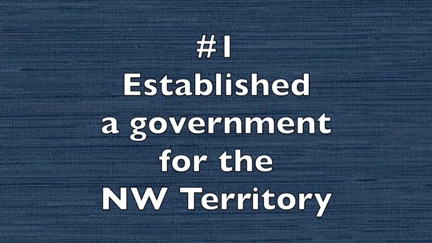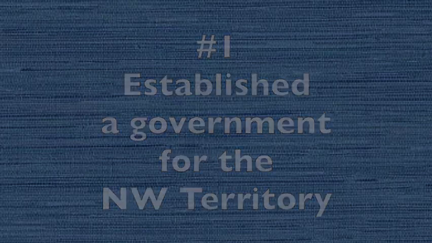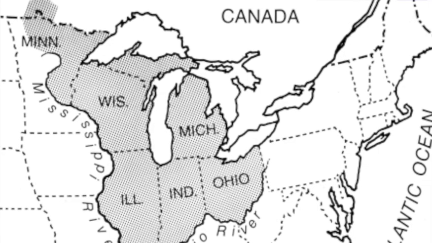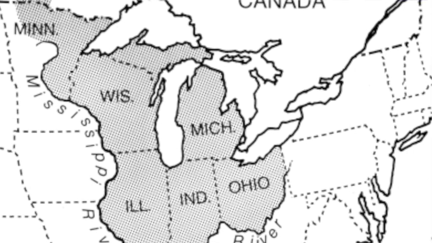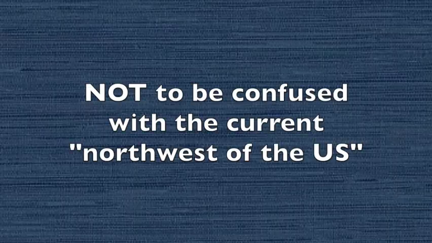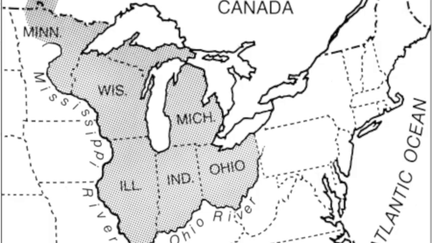First, the Northwest Ordinance established a government for the Northwest Territory, which would include what eventually would become Ohio, Indiana, Illinois, Michigan, Wisconsin, and part of Minnesota. So not the Northwest of the United States that we think of today, but where it existed at the time, which we now know as the Upper Midwest.